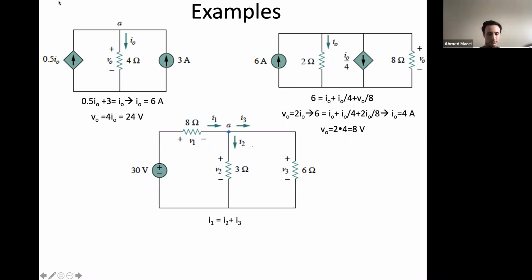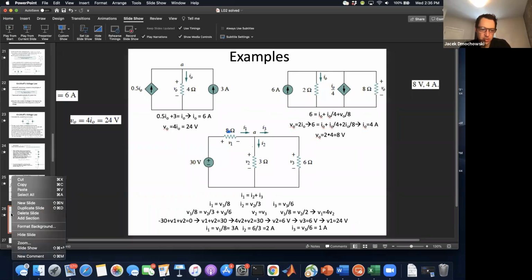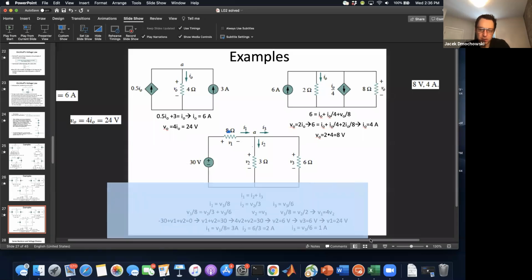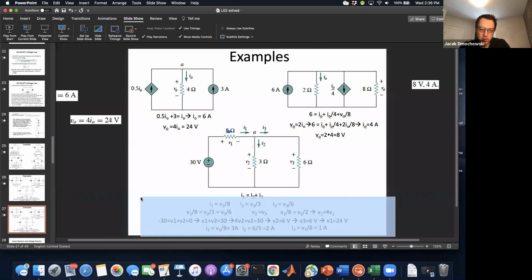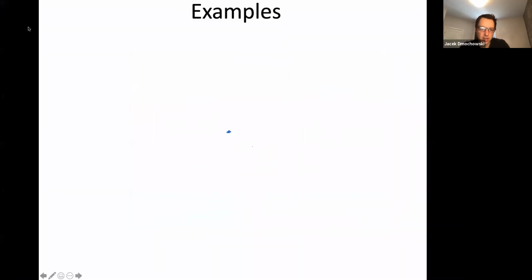Let me see if I can copy the slide over and erase everything. Maybe not. We can totally do it the way you said, so I don't even need to do that.